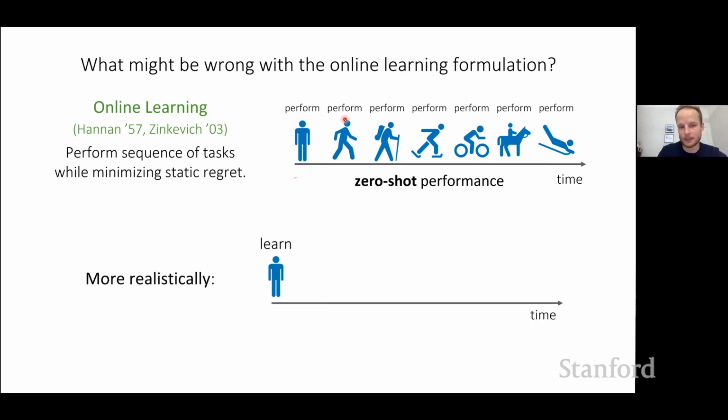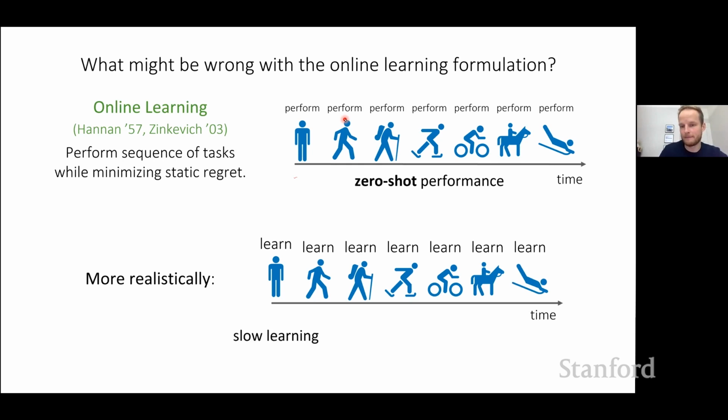So it's measuring the zero-shot performance. But more realistically, what we might want is a setting where we get to learn a little bit. We have a little bit of a burn-in period where you get to see what the task is, you can adapt to it, and we want to measure how fast and how well you can adapt to the task. So instead of just performing straight away, we'll try to learn new tasks as we see them. In that case, we want to start with very slow learning initially.